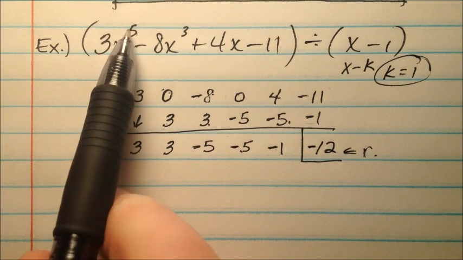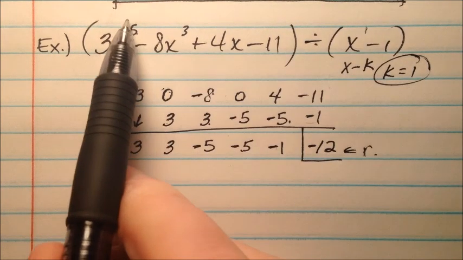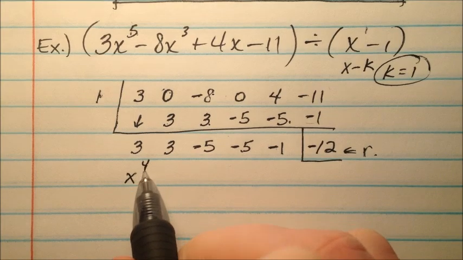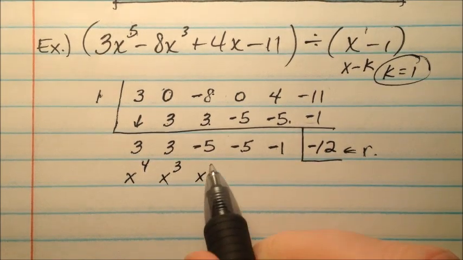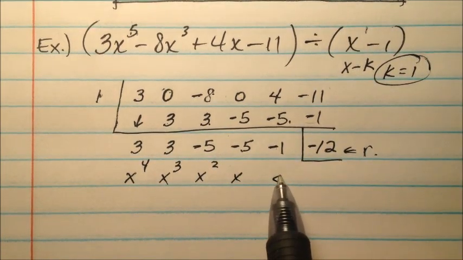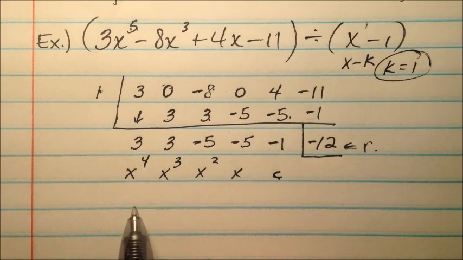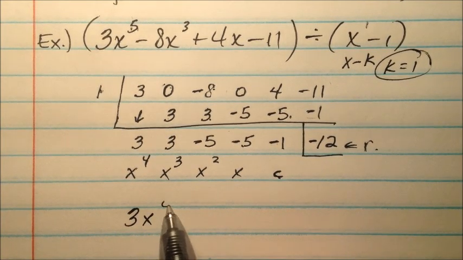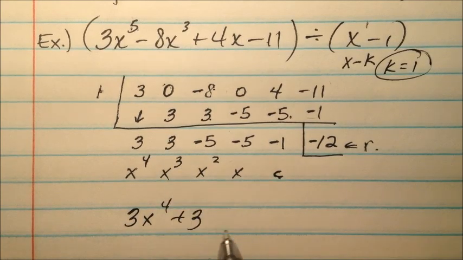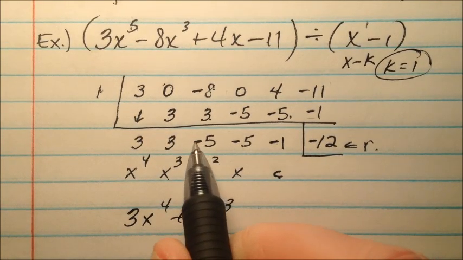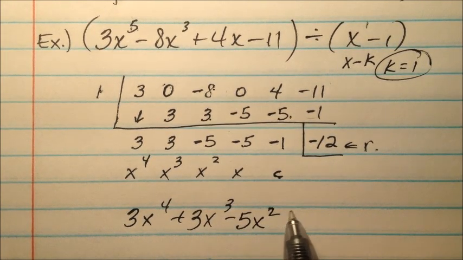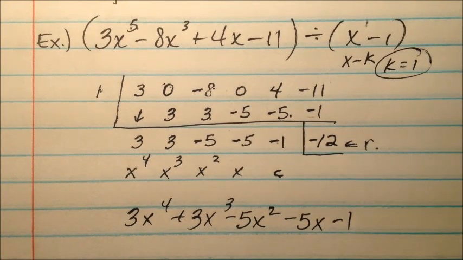Okay, well, I had my degree 5 previously and degree 1, so 5 minus 1 is x to the fourth. So I'm just going to write all these in so you can see how the terms are going to lay out. So it'll be 3x to the fourth plus 3x cubed minus 5x squared minus 5x minus 1.